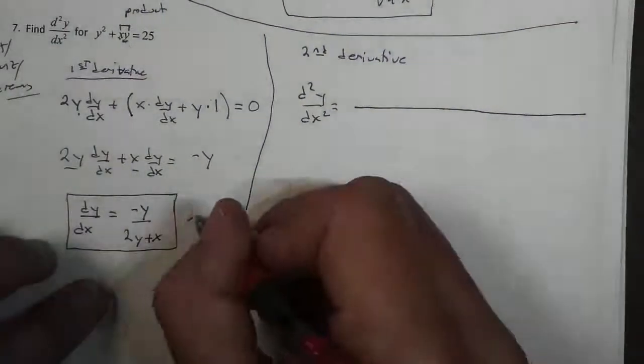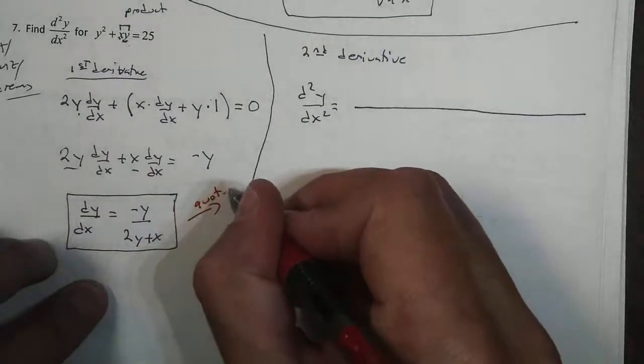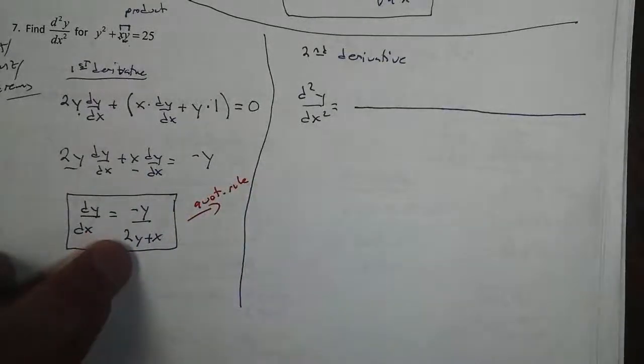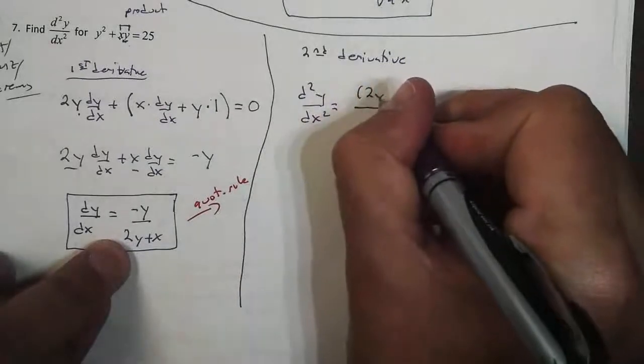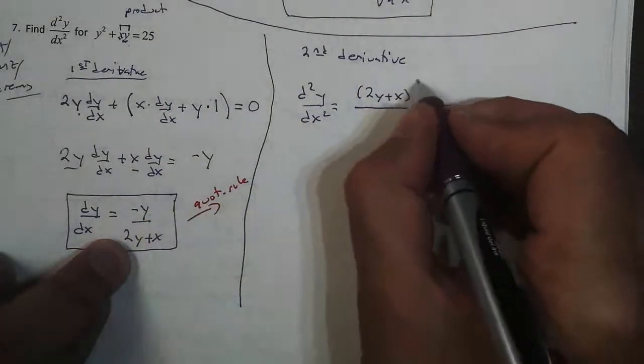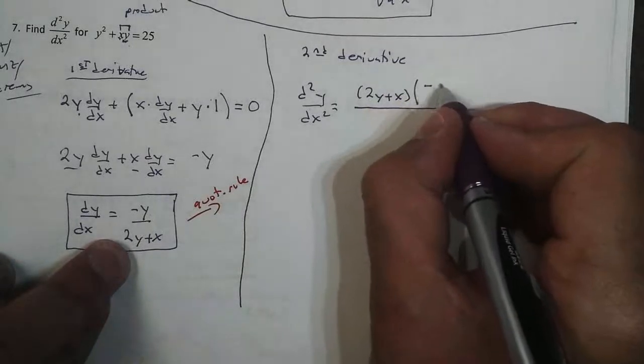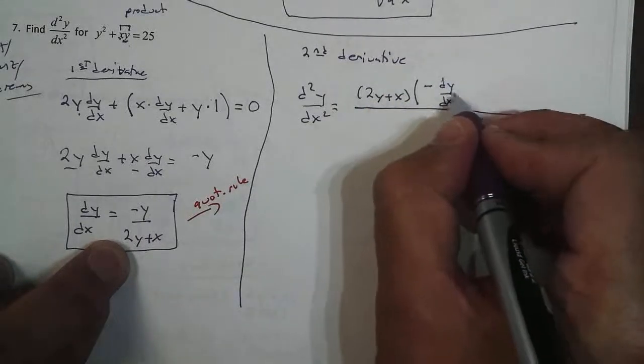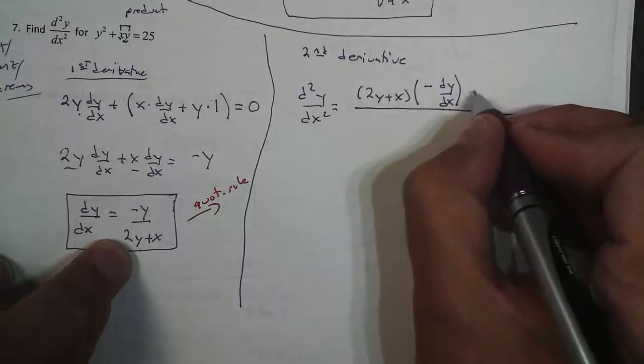Quotient rule. We're going to use our quotient rule here. Low, 2y plus x, d high. Well, what's the derivative of y? Negative dy/dx. That's my implicit.